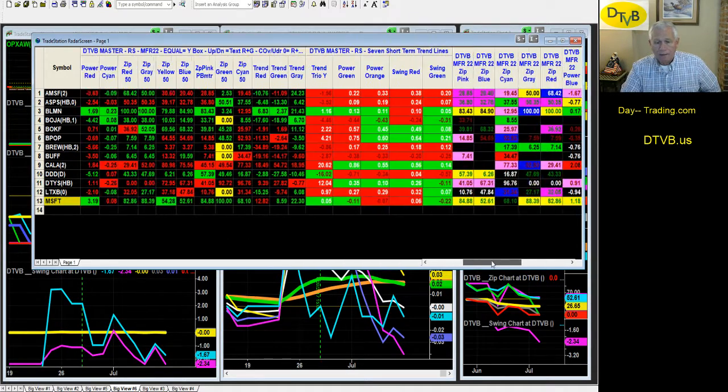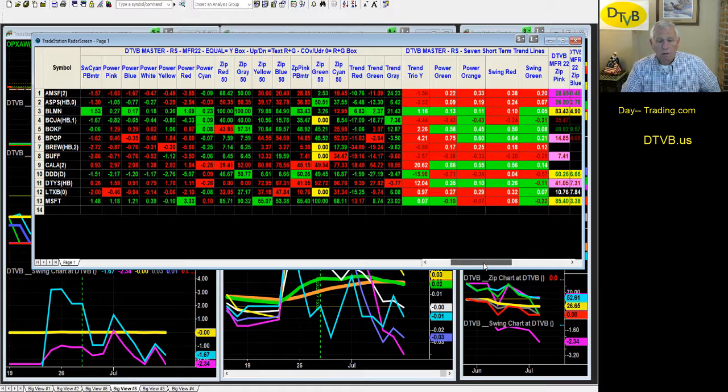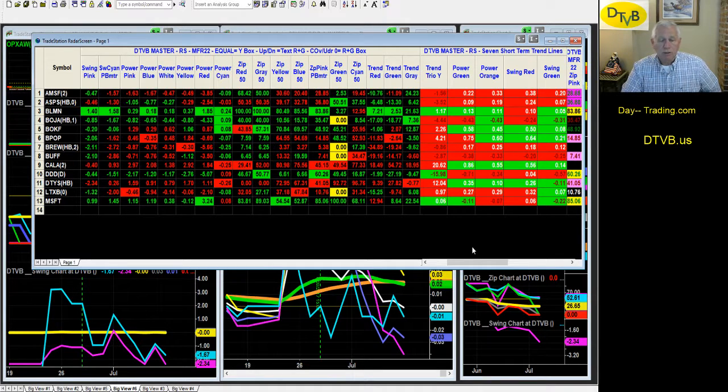So again, I wanted to have a general indicator that gave us a lot of information, and the equal sign, the text up and down colors, and the box colors on the crossover give us a lot of information just on one screen. And depending on how many monitors you have, you can look at all of these columns at the same time if you wanted to.